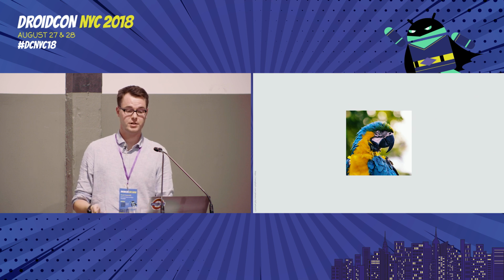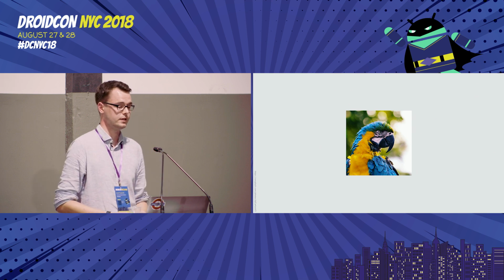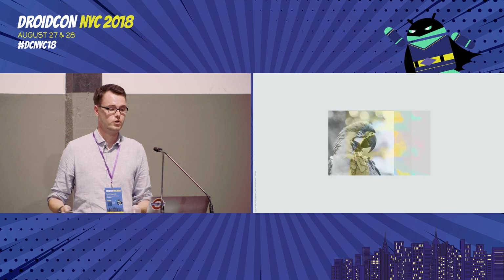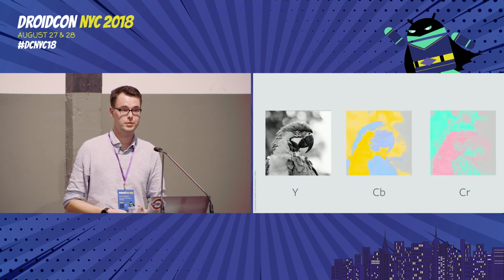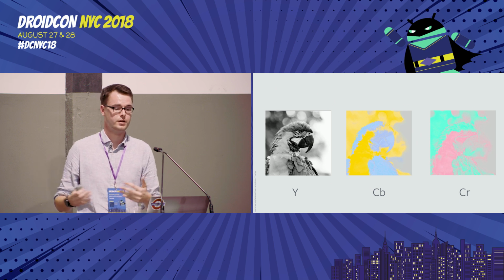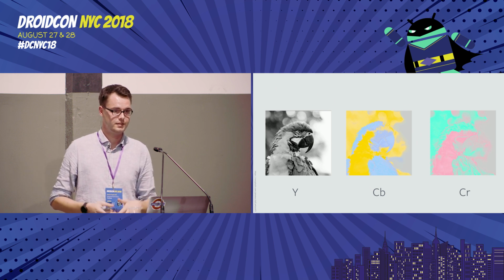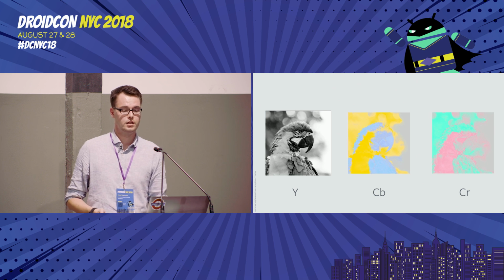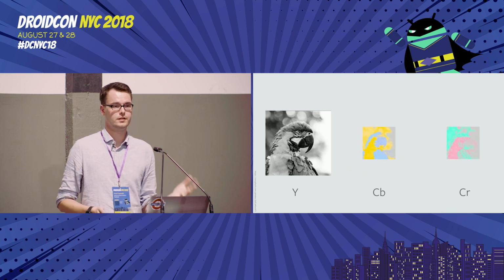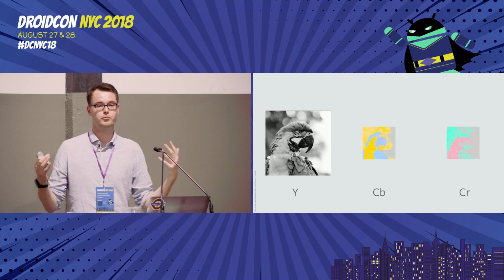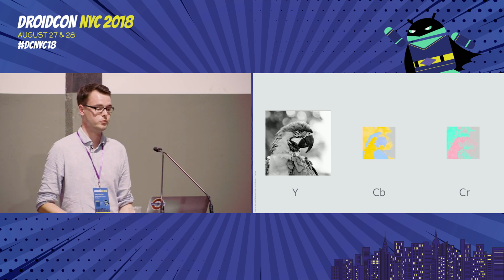What JPEG does, and many other codecs, is when we take that RGB data and leave that world, we split it up into one luma component and two chroma components for the color information. The idea is that our eye is less perceptive to color changes, so JPEG stores those at a lower resolution. That works pretty well for photographs, and that allows JPEG to compress images quite well.